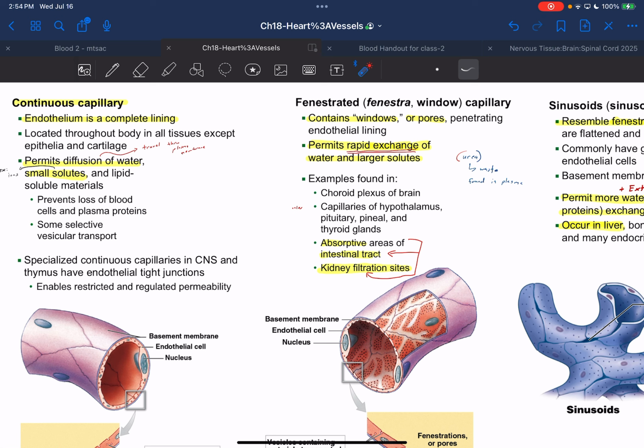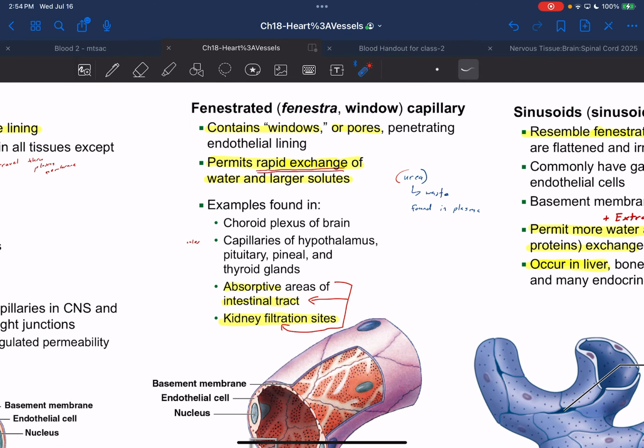In the kidneys, it's so that all the waste can exit the bloodstream. We'll get into details when we get there. But these locations I need you to know as the example where you find pored or windowed capillaries. We call them fenestrated. And the goal is rapid exchange.